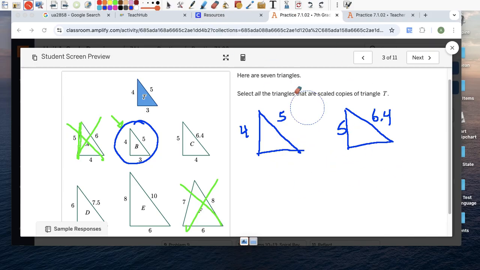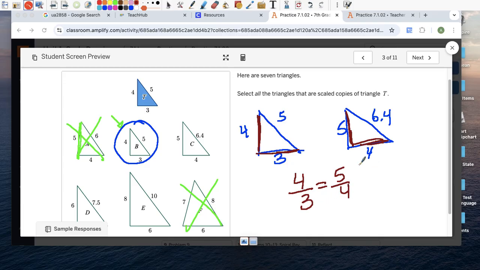Let's see if they're scale copies, if the second one is a scale copy of the first one. Sorry, this was a 3, this was a 4. So let's pick two sides. Let me pick this 4 and this 3. And over here, I'm going to pick the 5 and the 4. So let's set up a proportion. 4/3 equals 5/4.